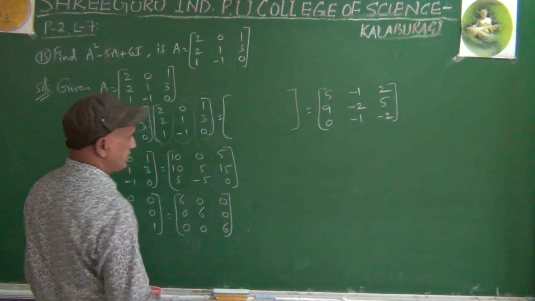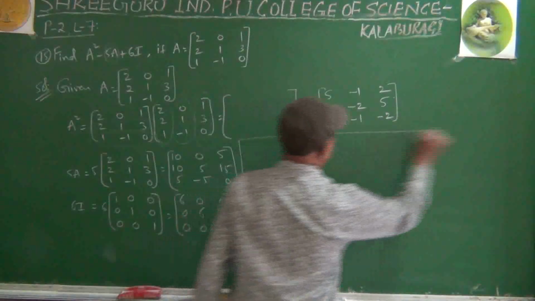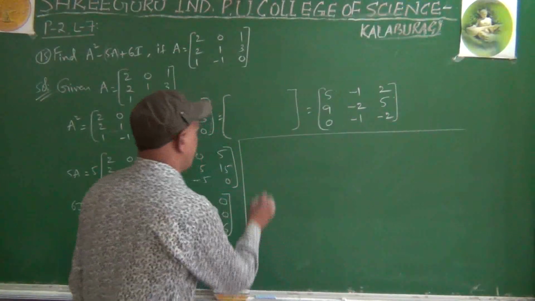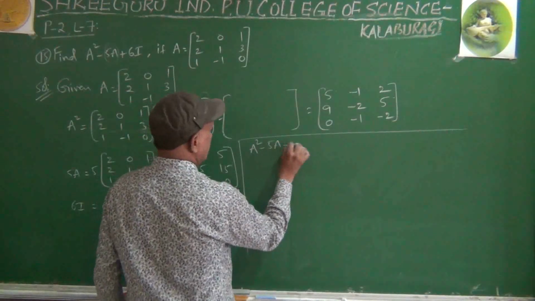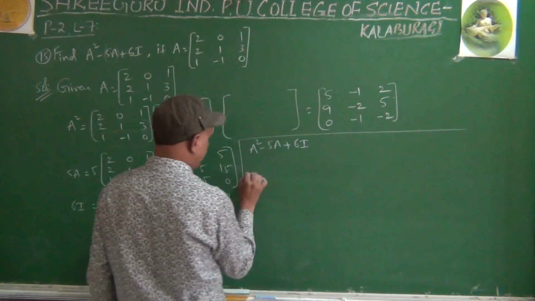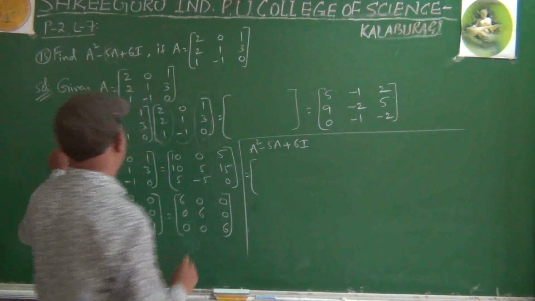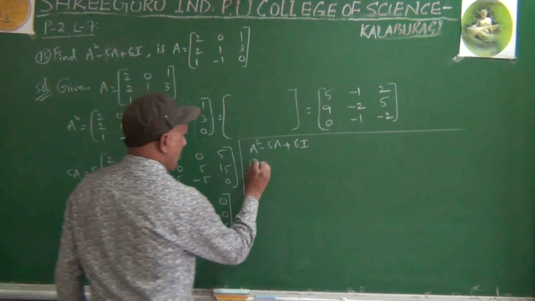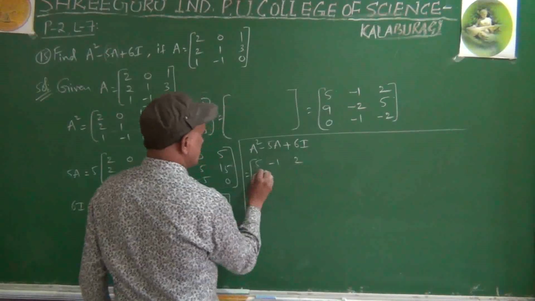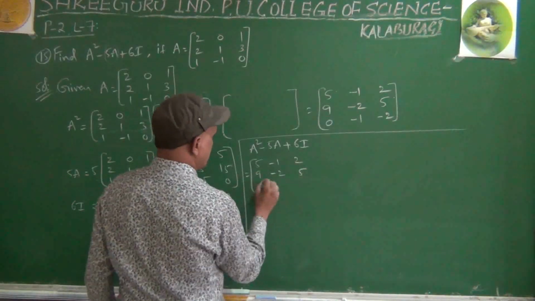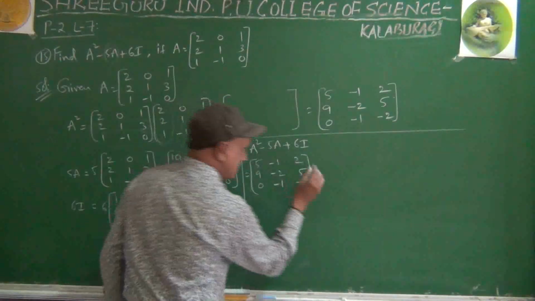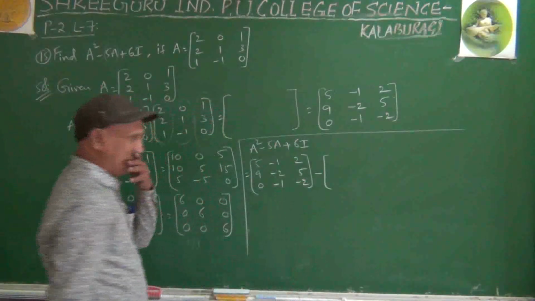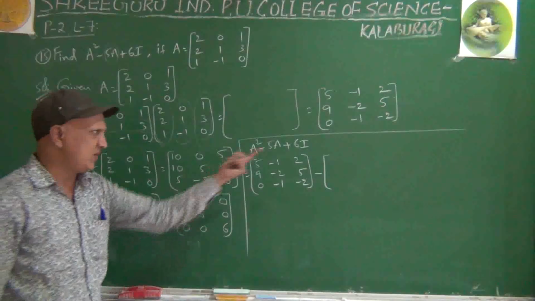Okay, now what we have to find is A square minus 5A plus 6I. A square value is there, minus keep as it is 5A.